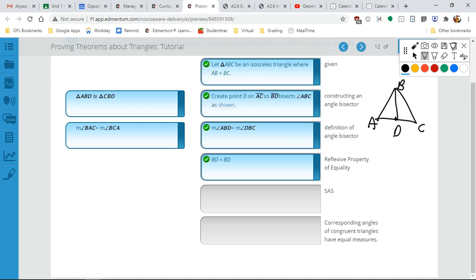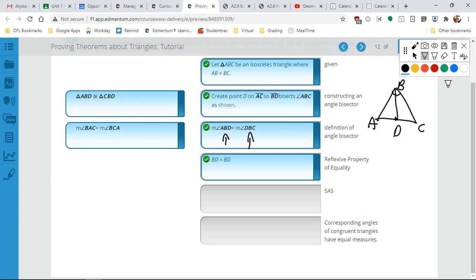It's still the same angle because it's ABD, DBC. I should have been paying attention to this middle angle. I was talking about angle B. And that's why it says BD is congruent to BD.